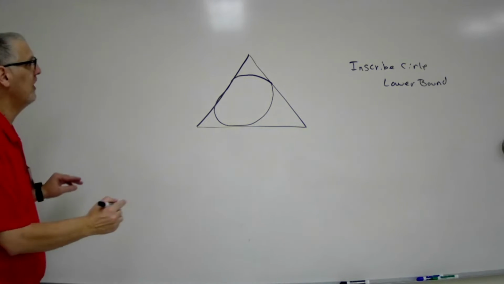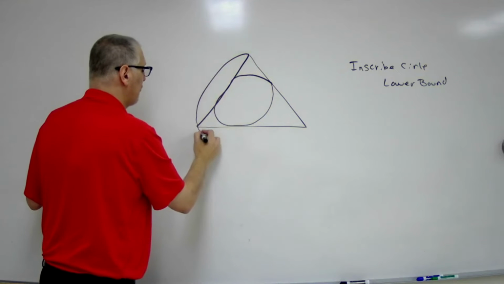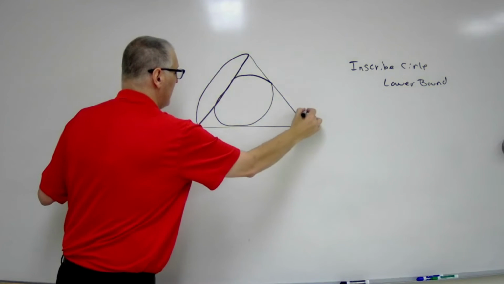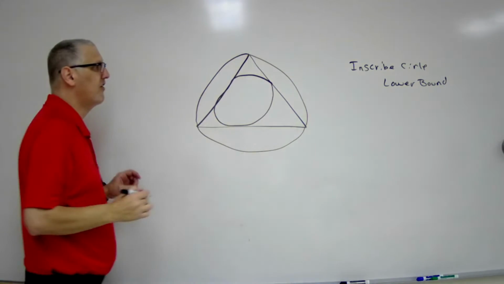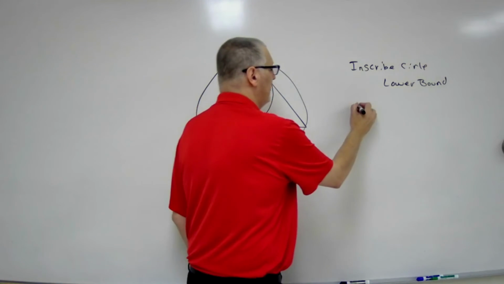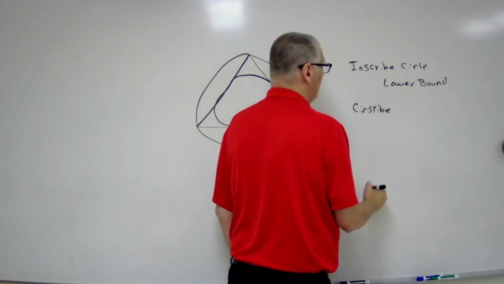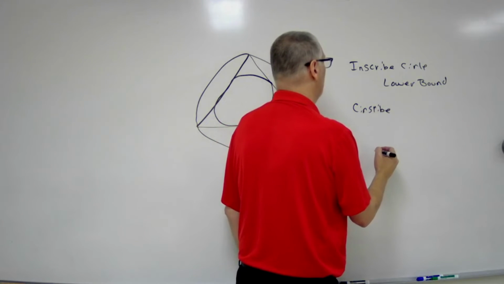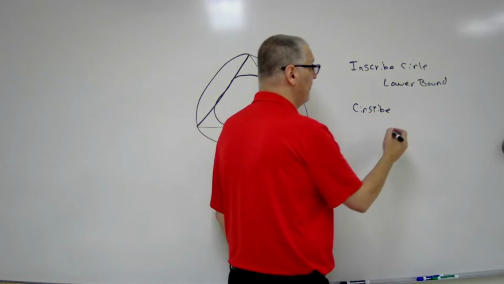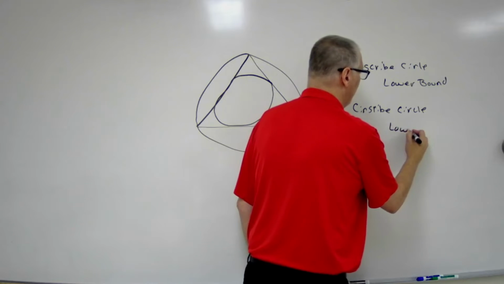But then I can go ahead and take another circle and circumscribe it. I can circumscribe it. That's not spelled right, but a circumscribed circle is our lower bound. I mean our upper bound.